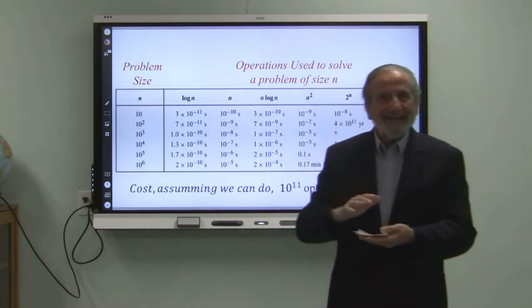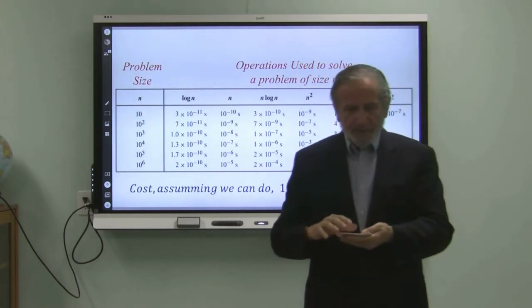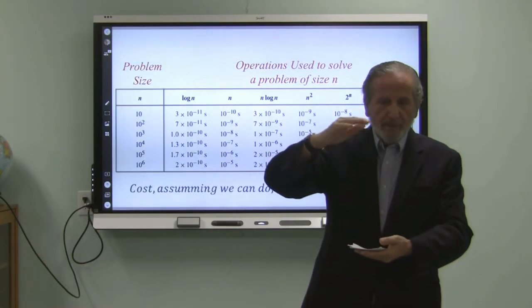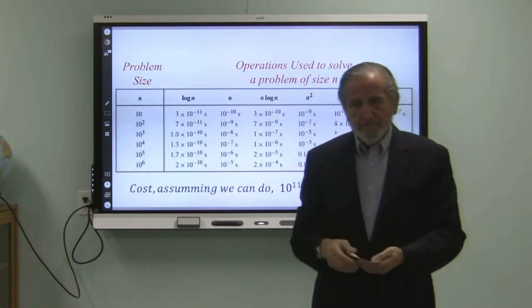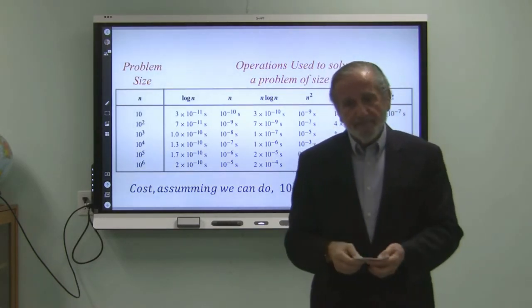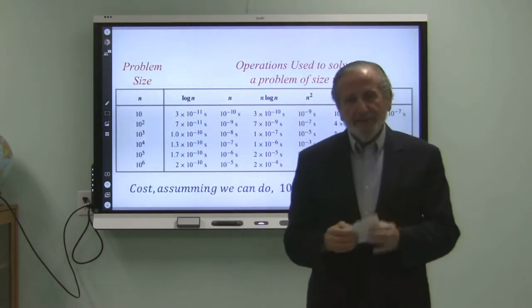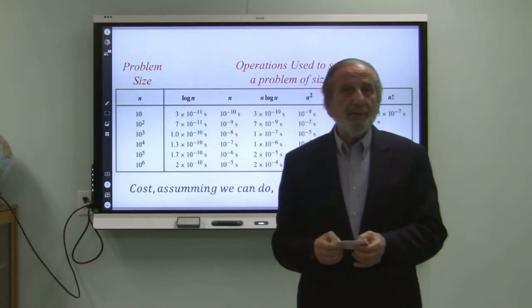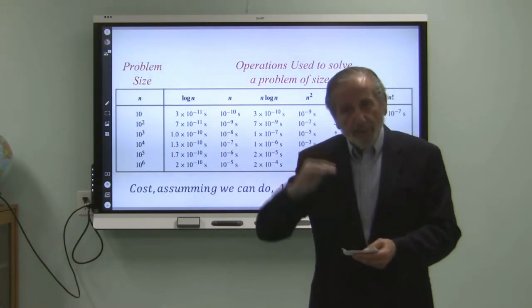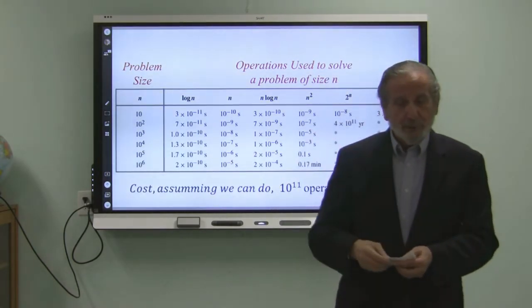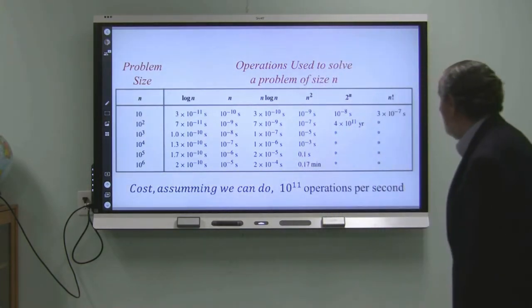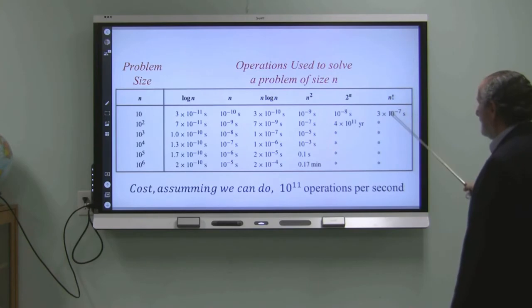If I do that 50 times, how thick would the stack be? Some student would say 2 feet, 3 feet, 1 foot, 10 feet. If you do the math, you will find that the stack will be more than the distance between the Earth and the Moon. So 2 to the power n is really a problem. And factorial n, don't even think about it.